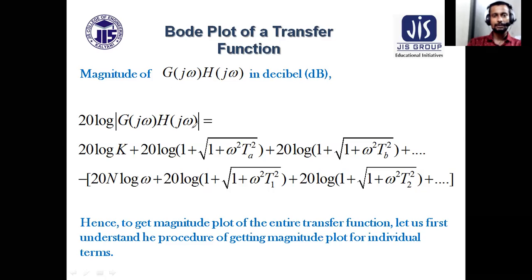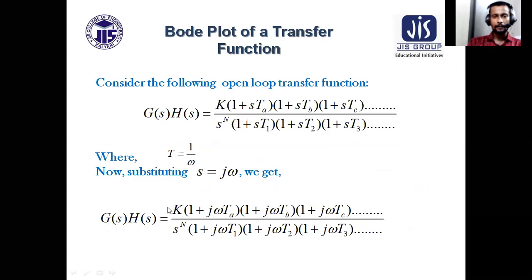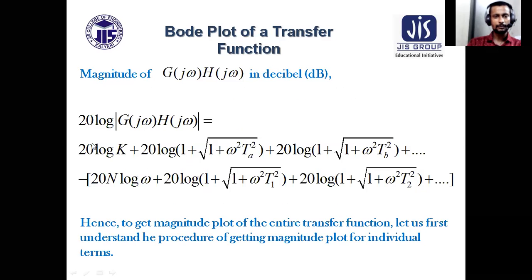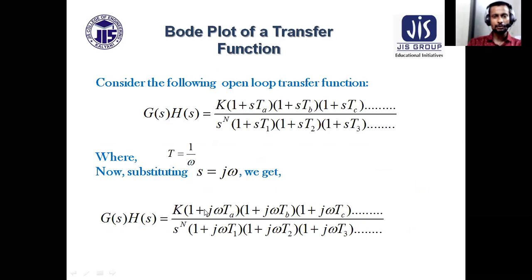Now 20 log of mod G(j omega)H(j omega) equals what? See here, the magnitude of K should be 20 log K in decibel, so 20 log K. The magnitude of 1 plus j omega Ta: the magnitude of a plus jb is under root a square plus b square.